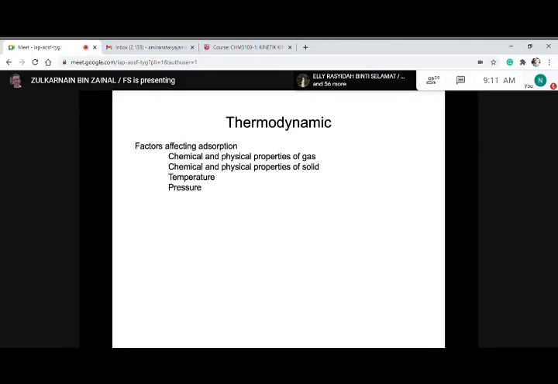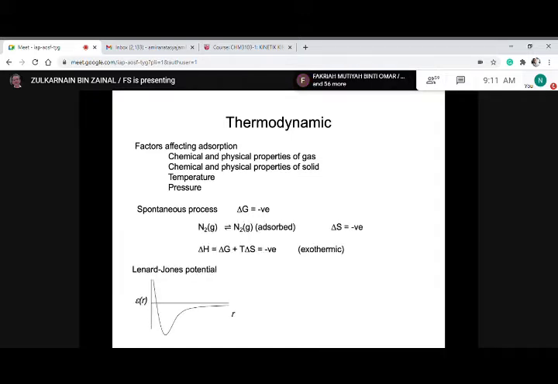All right, a bit of the thermodynamics of the adsorption process. We are not learning thermodynamics here, but anyway, just a brief on it. What is the delta G value for the adsorption process? The delta G value is negative.